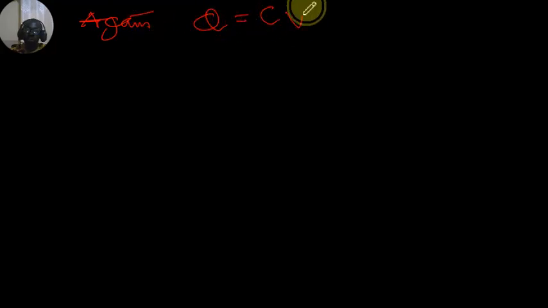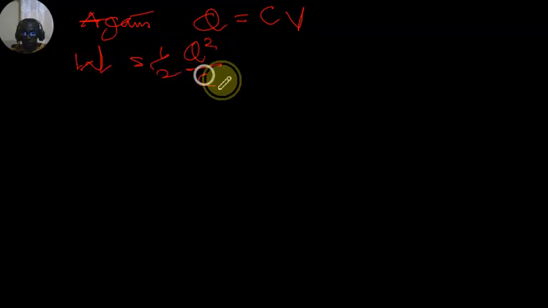Okay, so similarly again, we had it the other time that you have q equals cv, right? So we can decide to make v the subject of formula, but recall that the first equation we got after the integral was work done equals 1 over 2 q squared over c.